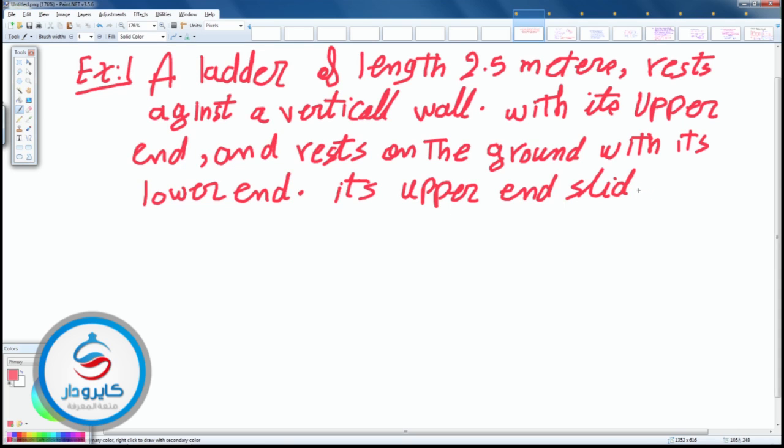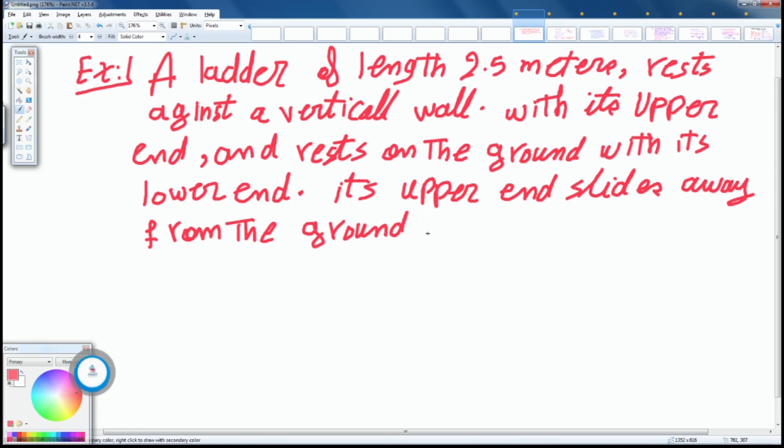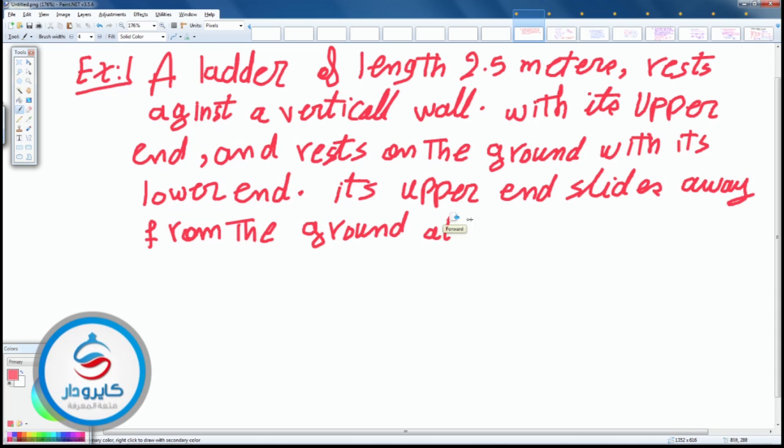Its upper end slides away from the ground at a rate of 0.6 meter per second.